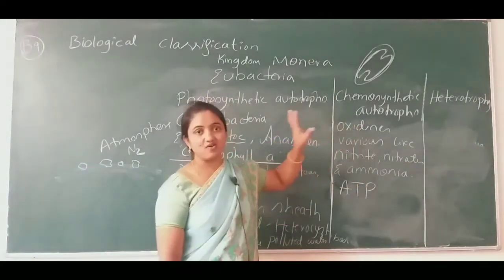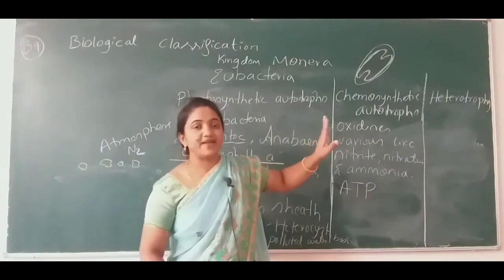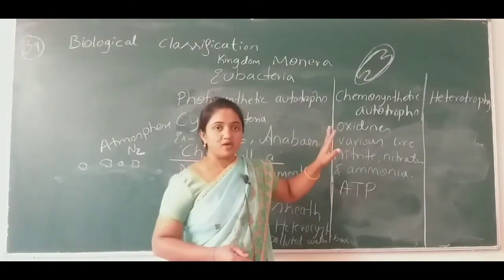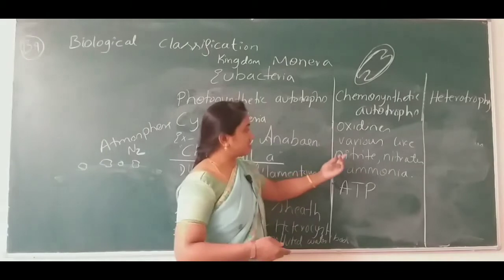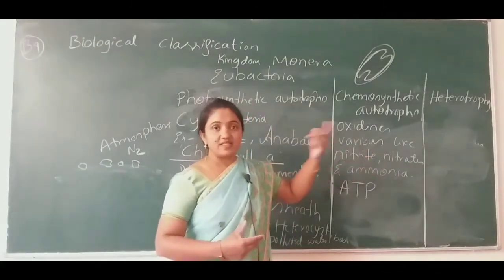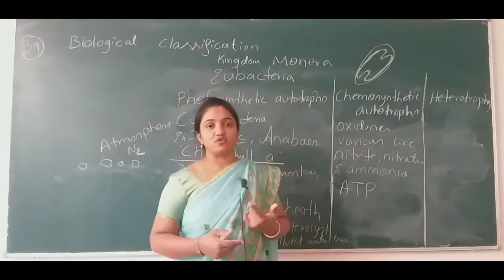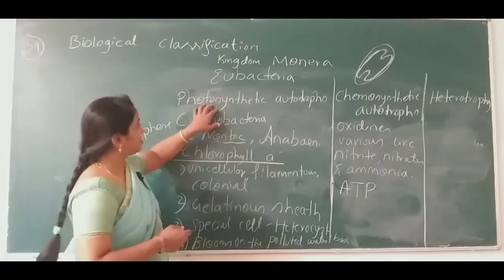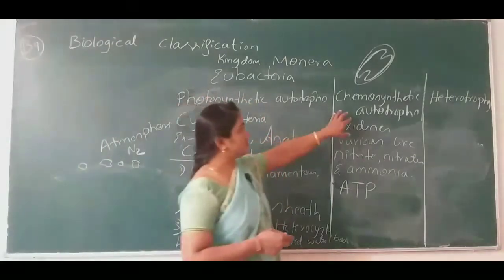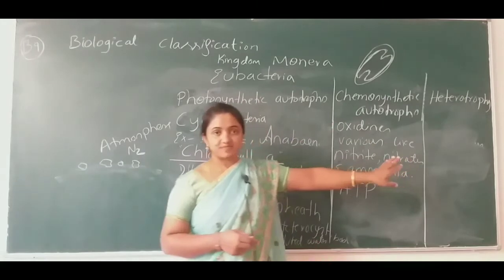So this is how they are not dependent on other organisms. By oxidizing various substances, they are preparing their own food, not utilizing light energy but utilizing some chemical substances.